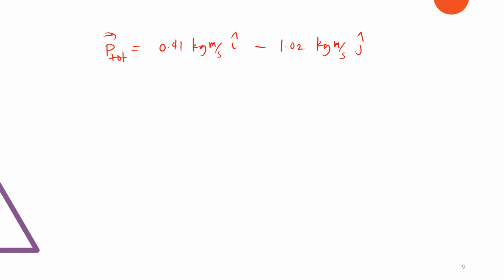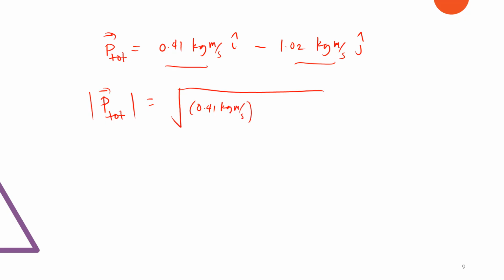So it has two components, the component along x and the component along y. To solve for the magnitude of this momentum, you will use this. This is equal to the square root of the x component quantity squared, 0.41 kilograms meter per second squared, plus the y component, which is 1.02 kilograms meter per second, squared.